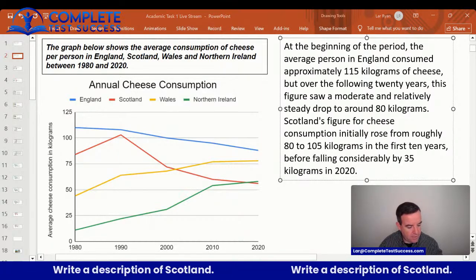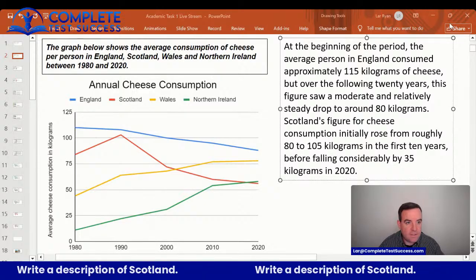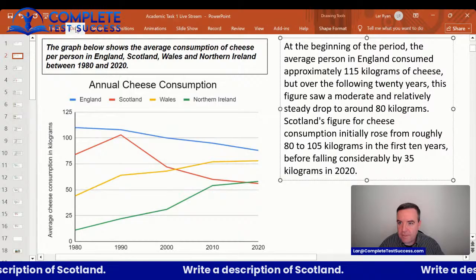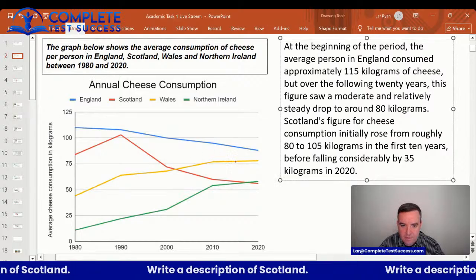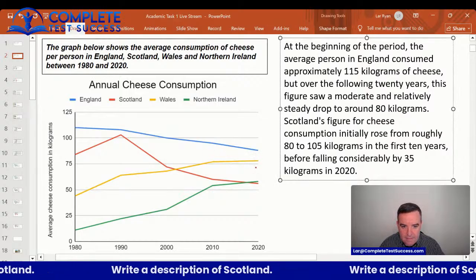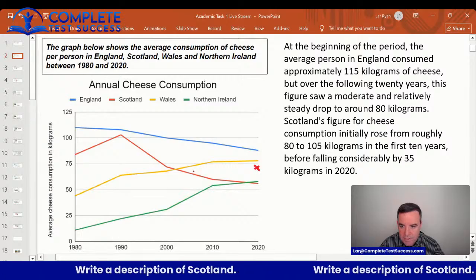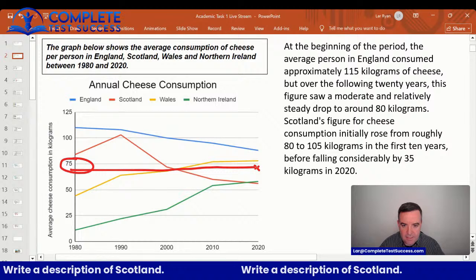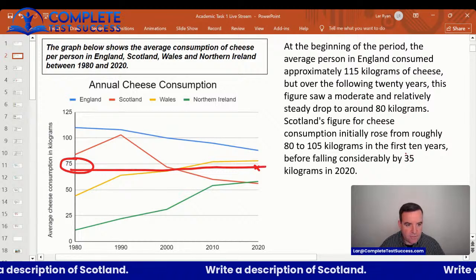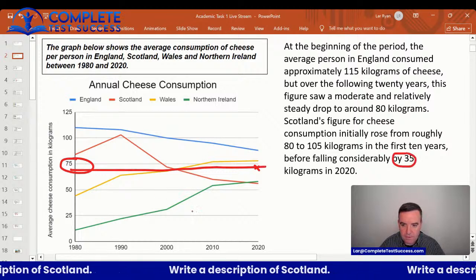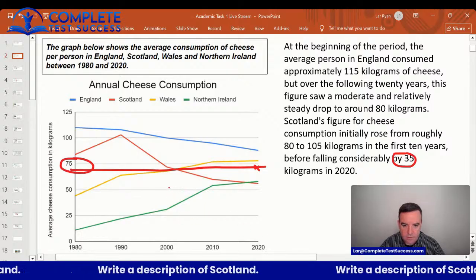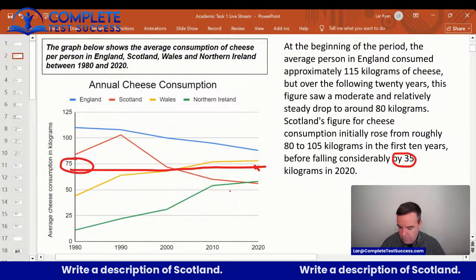So we're saying 105 minus 35 is 70. So if it was 70, then it would have to be up here, right? 70 would be slightly under it because that one there is 75. So 70, I guess, would be around here. So that's not true. Didn't fall by 35. So that's not going to work. So no, definitely we need to change that.